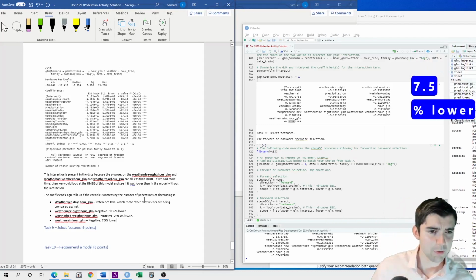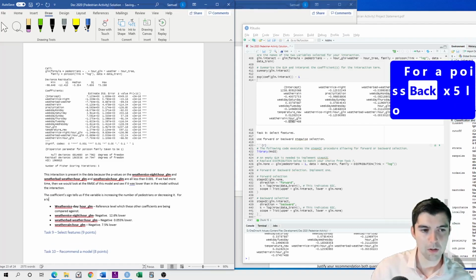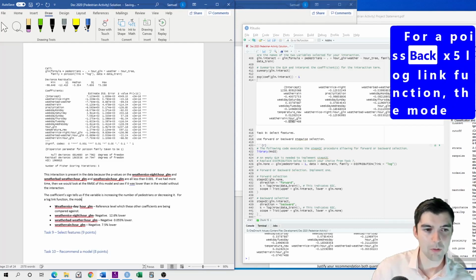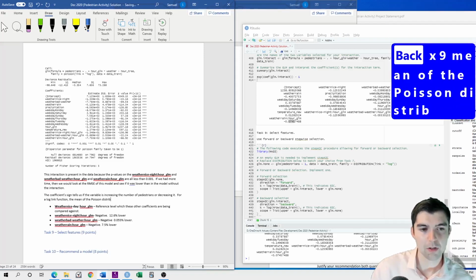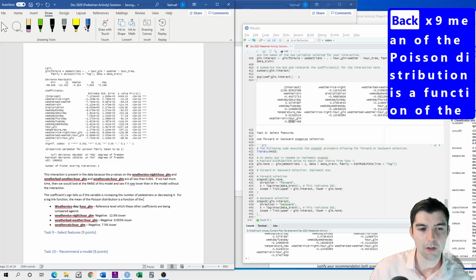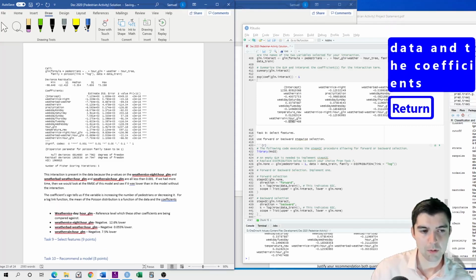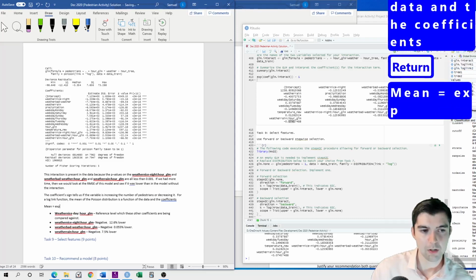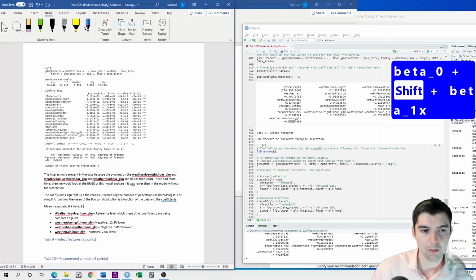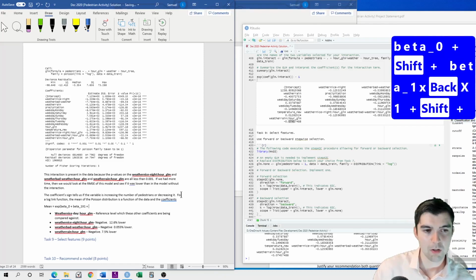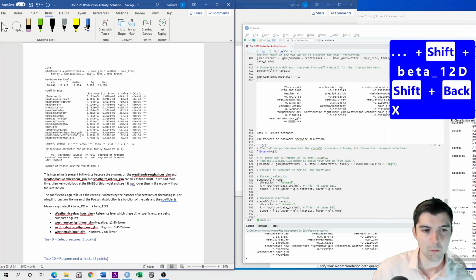And how do you say that? Well, for a Poisson log-link function, the mean of the Poisson distribution is a function of the data and the coefficients. You could say mean is equal to exponent of beta 0 plus beta 1 x1 plus beta 12 x12.